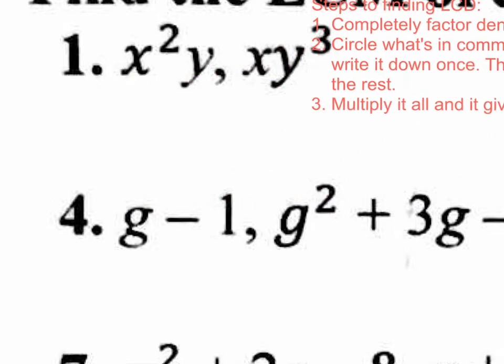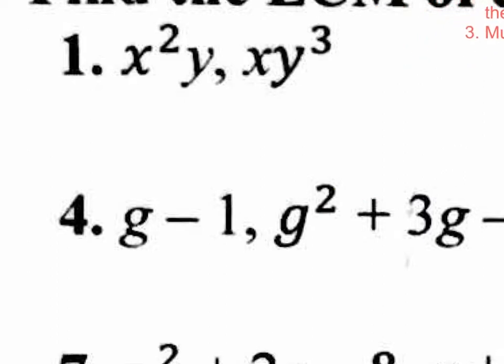Again, circle what's in common in both, write it down once, and then bring down everything else. So let's first factor it, and instead of x squared, let's write it down as x times x. Okay, there's our first term. Our second term, we're going to rewrite as x times y times y times y instead of y to the third.